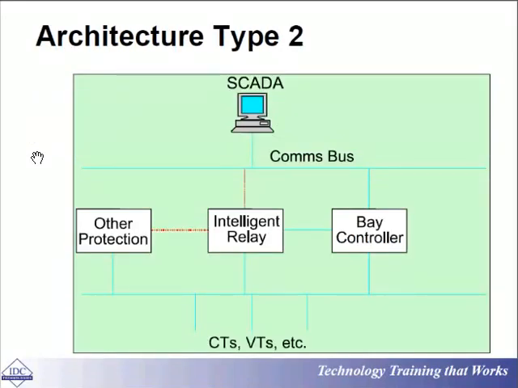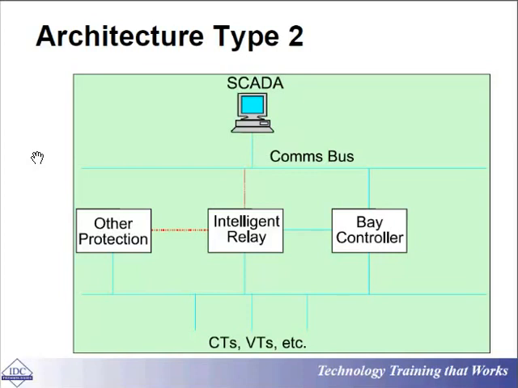Okay, so this time again, you have got that IED, let's say intelligent relay. It is again connected to other protection, and again, the output goes to a comms, but this time you have got also a bay controller. So it is not like you have put all those tasks on the shoulders of that intelligent relay. No, also bay controller is there.